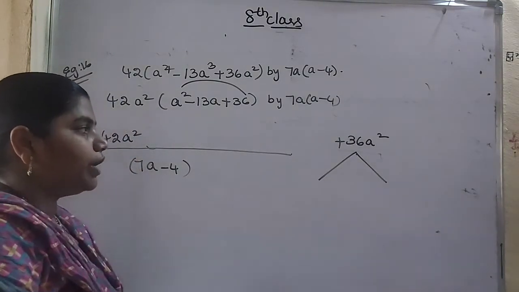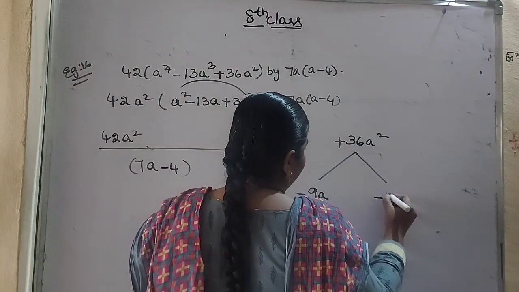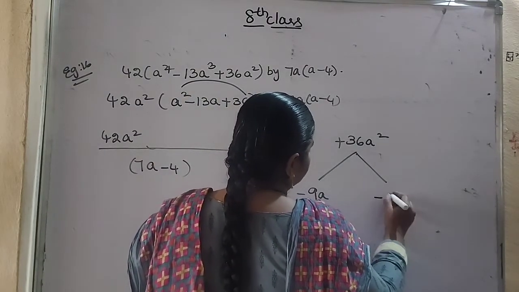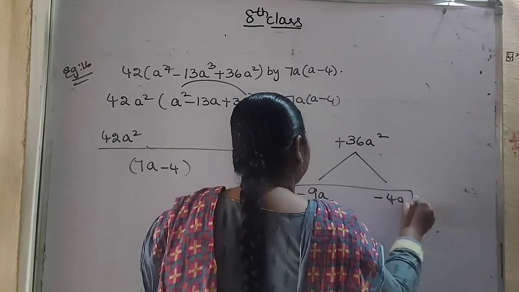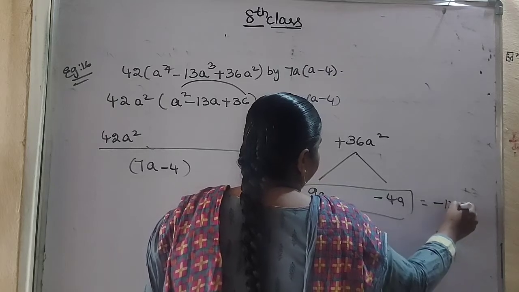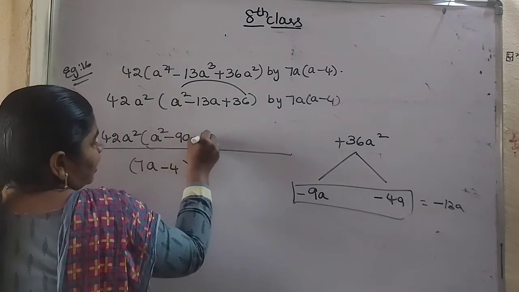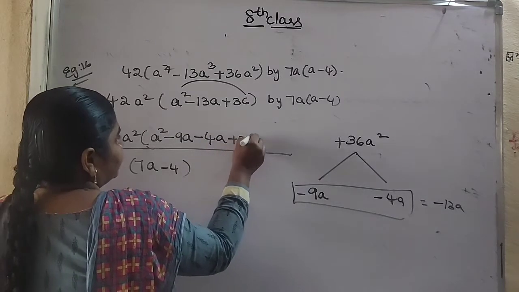So what values can you take? You can take minus 9a and minus 4a. If you do addition for these, that will be equal to minus 13a. So here I am substituting a square minus 9a minus 4a plus 36.